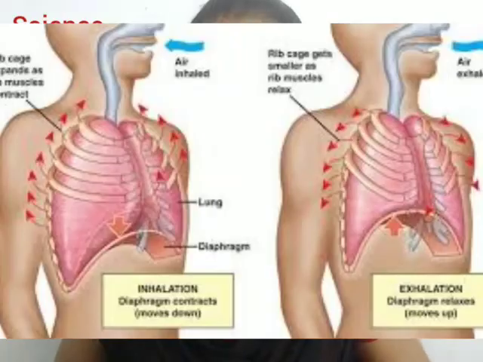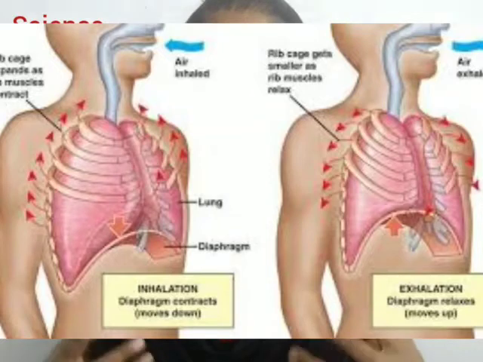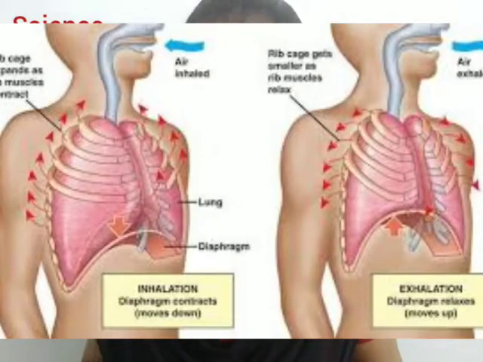Now let's see the mechanism of breathing. Have you seen the picture, children? During inhalation, that is, when we are taking in air into the lungs, the lungs get expanded and increase in size because they are full of air. That means their volume increases.